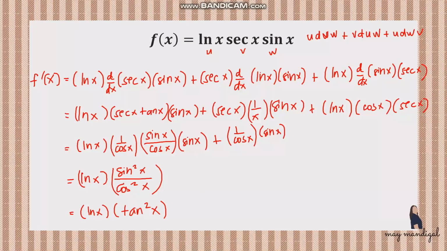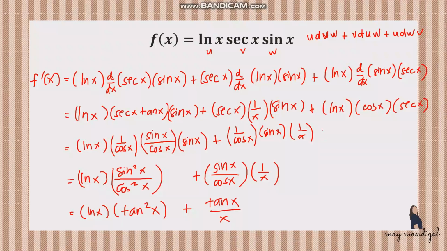And then we have the 1 over x. Plus, so let's now multiply sine and 1 over cosine. That will give us sine x over cosine x. And then we have the 1 over x here. Now sine over cosine is the same as the tangent, so we can just write it tangent x and then multiply to 1 over x. So we have tangent of x over x.